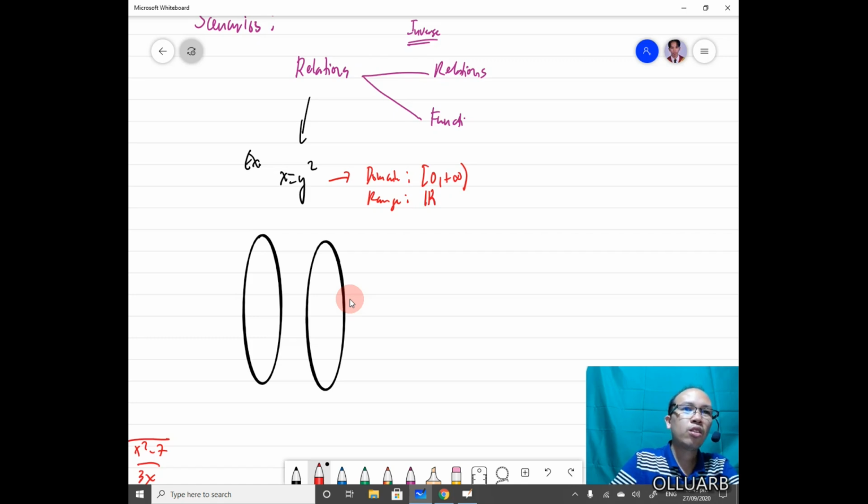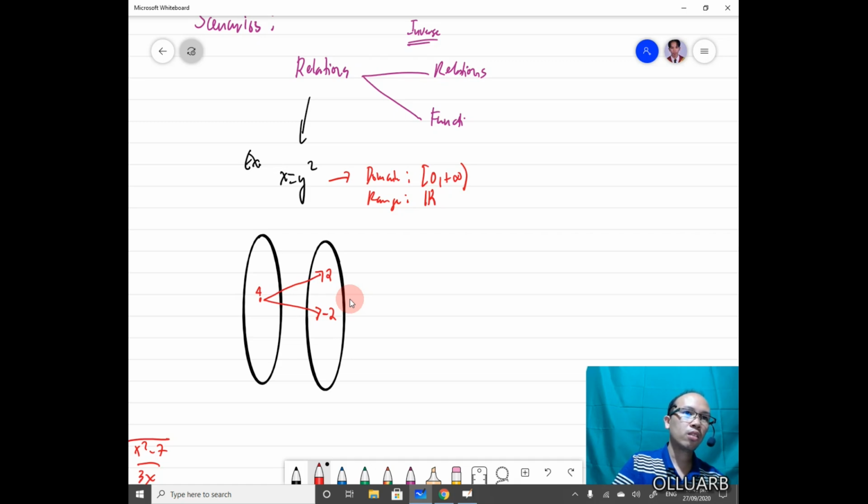Notice that your element 4 here is mapped to 2 values, which are positive 2 and negative 2.